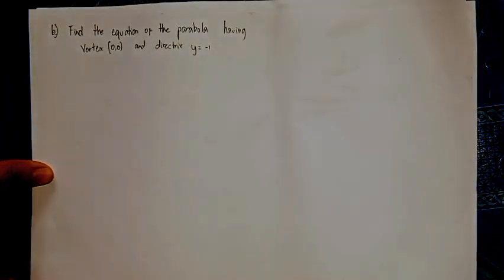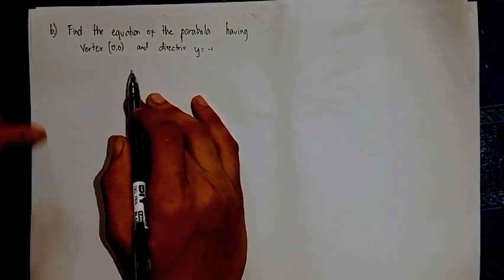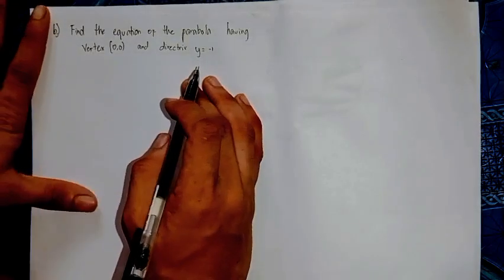Let's have a second example. Find the equation of the parabola having vertex (0, 0) and directrix y is equal to negative 1.